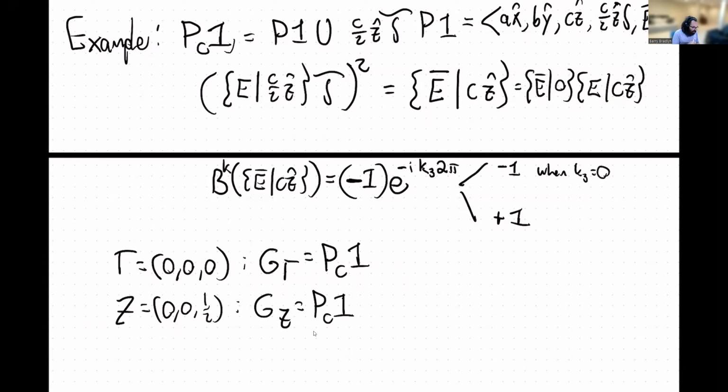At the gamma point, that means we have an anti-unitary operation in the little group whose representation has to square to minus the identity. And whenever we have an anti-unitary that squares to minus the identity, Kramers' theorem tells us that we have to have a twofold degeneracy.